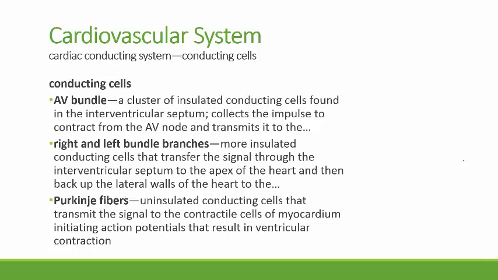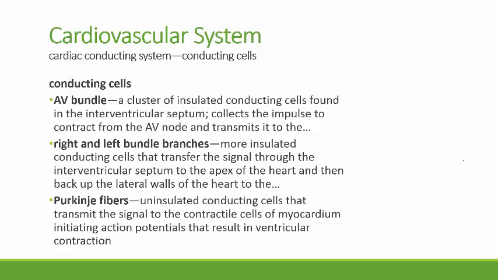So notice where we're delivering the signal to contract to. Down through the interventricular septum to the right and left bundle branches. Again, they're insulated, and the right and left bundle branches split the signal now, and they transmit it all the way down to the apex of the heart. And then the bundle branches turn and run up the lateral walls of the heart until we get to the Purkinje fibers.